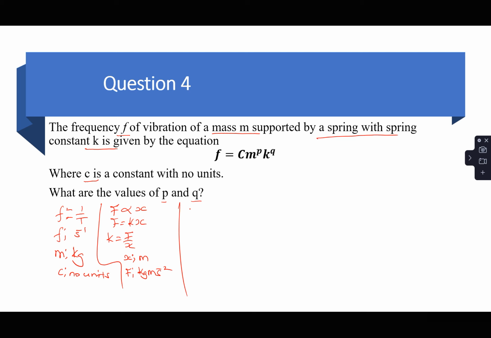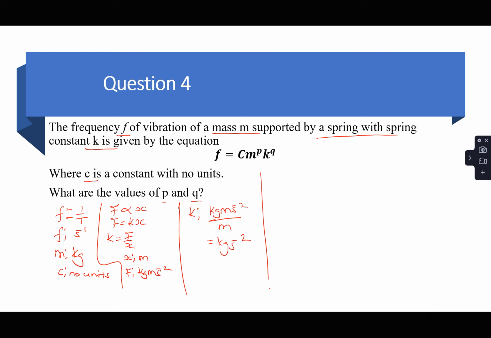So the base units of k will be those of force, which are kilogram meters per second squared, divided by extension, which are meters. So the base units of k will actually be kilogram per second squared. Those will be the base units of k.